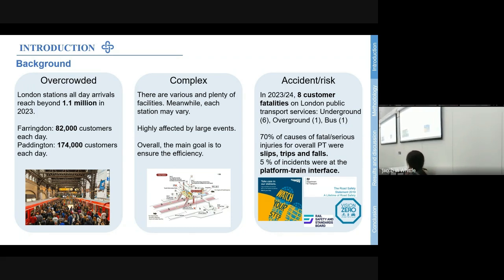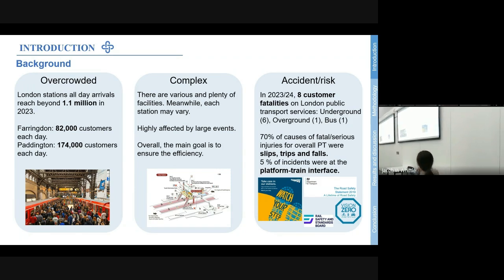At the same time, the stations are very complex. The layout and the management may vary across stations, cities, or countries. In terms of time span, they are highly affected by large events such as sport games, concerts, or strikes. Overall, the management and design are always decided based on the main goal of ensuring efficiency.